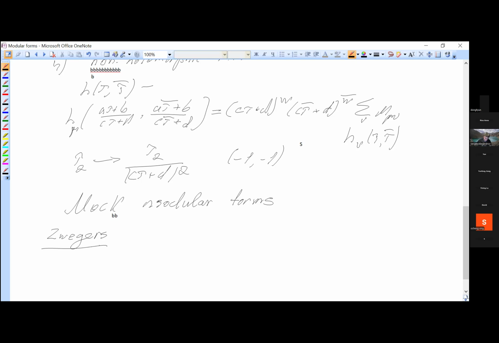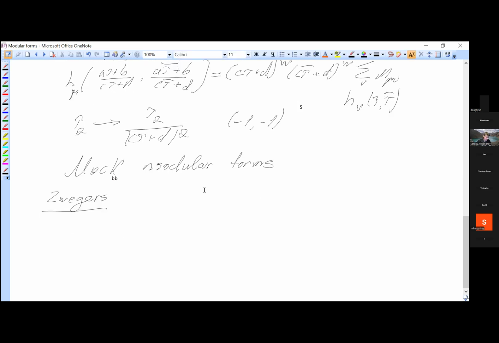So what is this definition? What is a mock modular form? In the simplest case, we again take a holomorphic function on the upper half plane, and we change its modular transformation. So now the modular transformation will have an anomaly. We still have this c tau plus d.